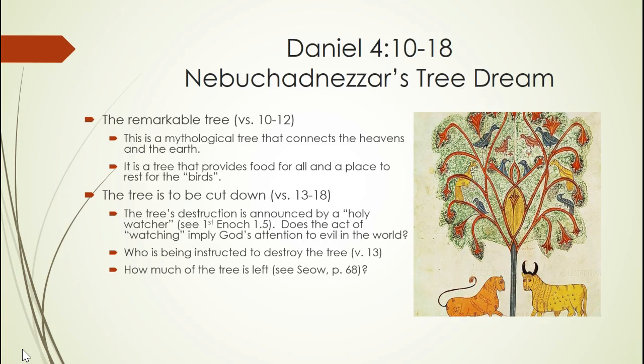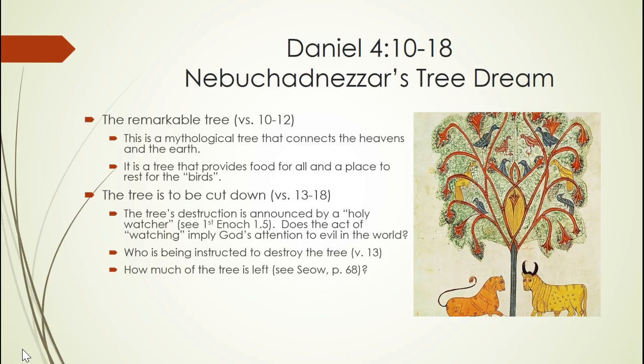He writes, the order for destruction is decisive, which is understood by the threefold command: cut down, chop off, and strip off. At the same time, the annihilation is not to be complete, although it is unclear what precisely of the tree is to be left and what is to be done to that remnant.